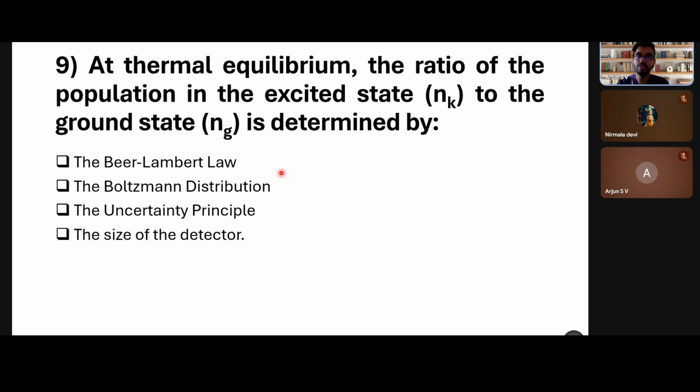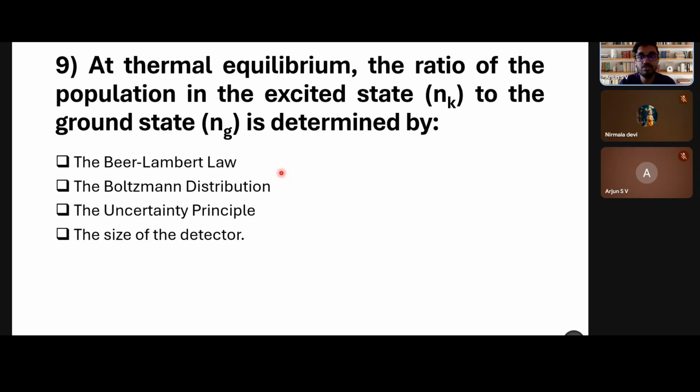We saw this concept before in Einstein's phenomenological model, where we came to see that the ratio of the population in the excited state is very small compared to the ground state, although the rate of transitions from the ground state to the excited state is similar to that of the excited state to the ground state.